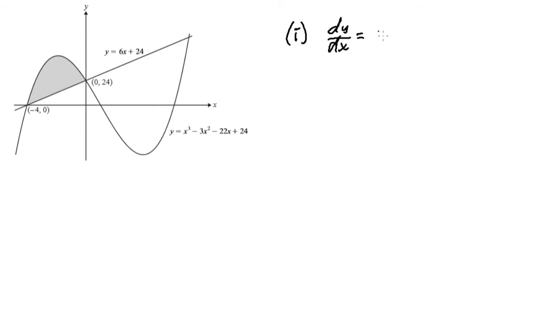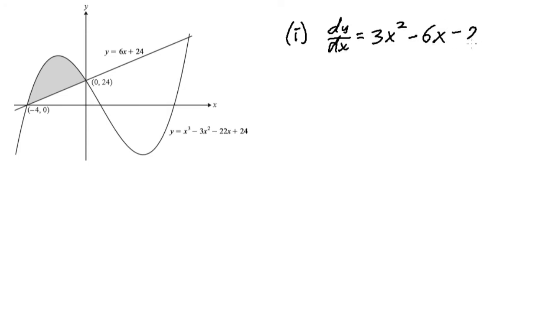So for x cubed you get 3x to the power 3 minus 1, which is 2, so 3x squared. Subtract 3 times the power, which is 2, that gets you 6, x to the power 2 minus 1 is 1, so you get minus 6x.